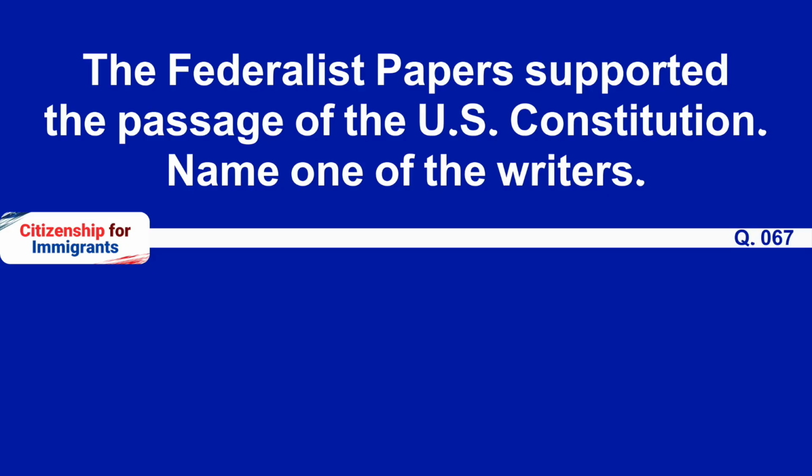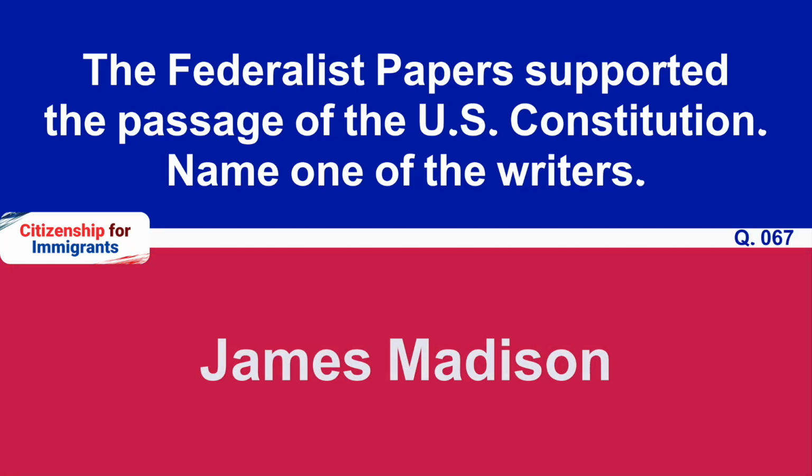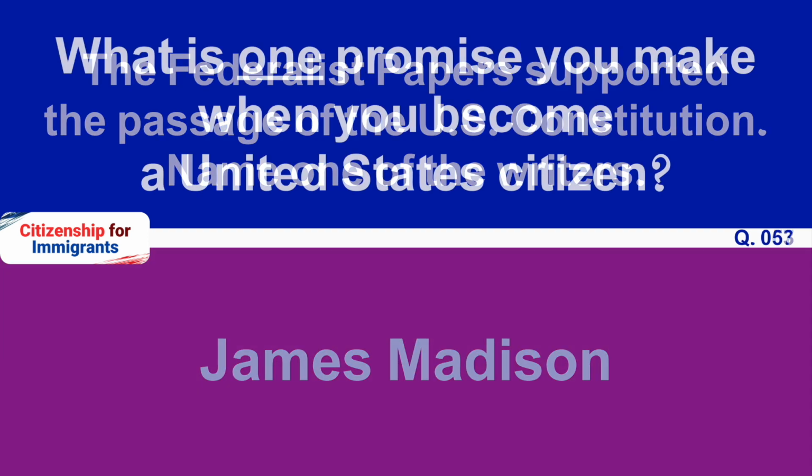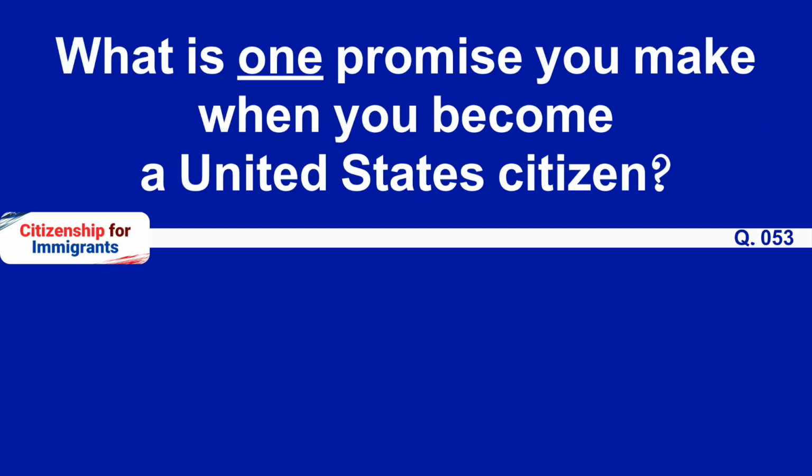The Federalist Papers supported the passage of the U.S. Constitution. Name one of the writers. James Madison. What is one promise you make when you become a United States citizen?